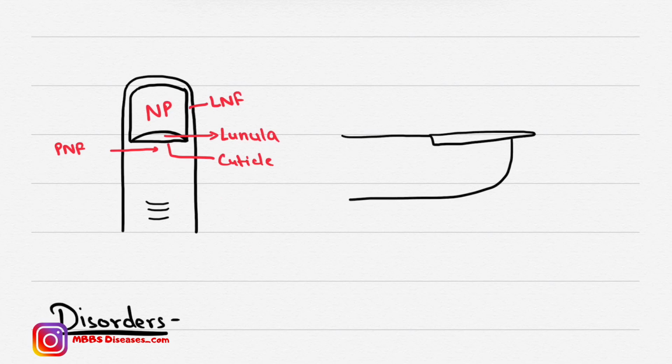This nail plate is also known as the nail matrix, and this lunula is the visible nail matrix. Now this diagram is a lateral view of the nail. We can see the nail plate.